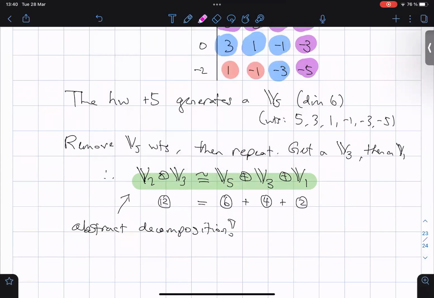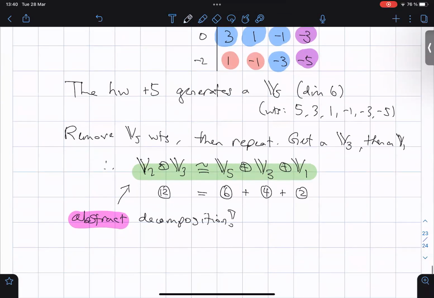As in, we know that we have this abstract decomposition. If there is a V5, there's a V3 and a V1 sitting inside here. So the natural question is, how are each of these realized as actual sub-representations inside here, as actual subspaces with an action?